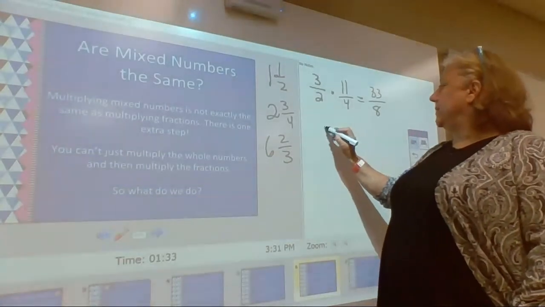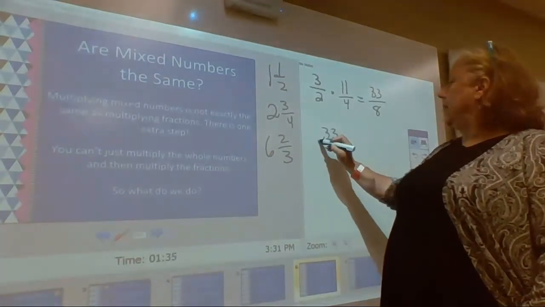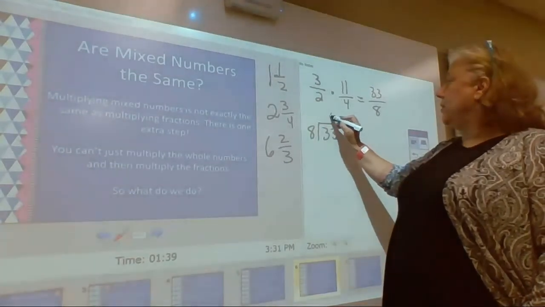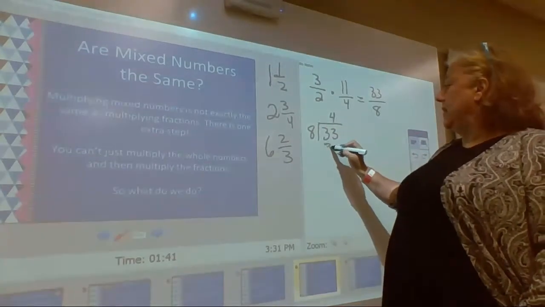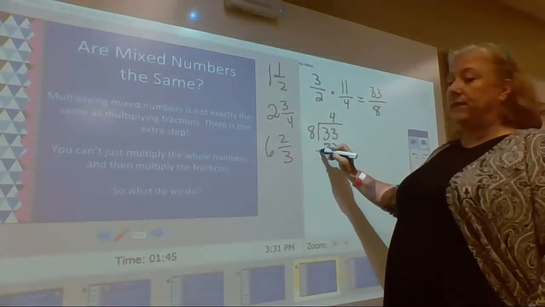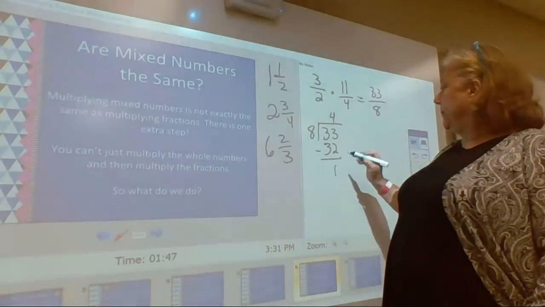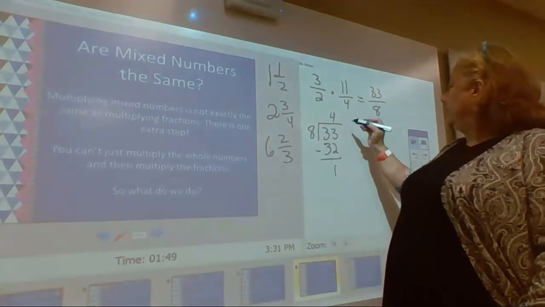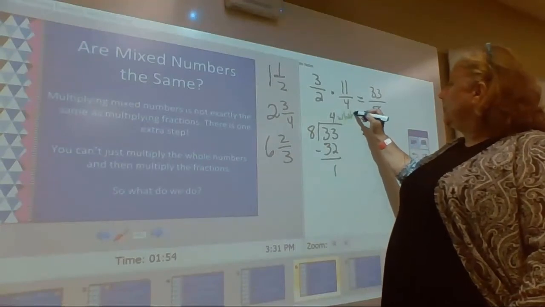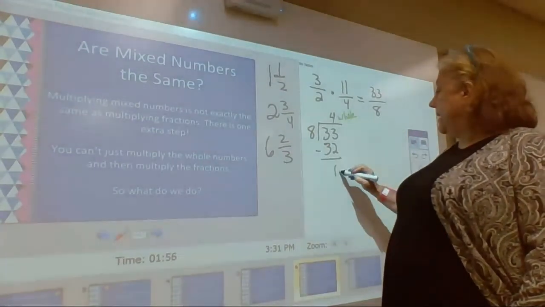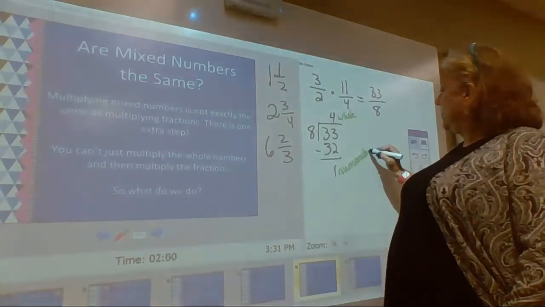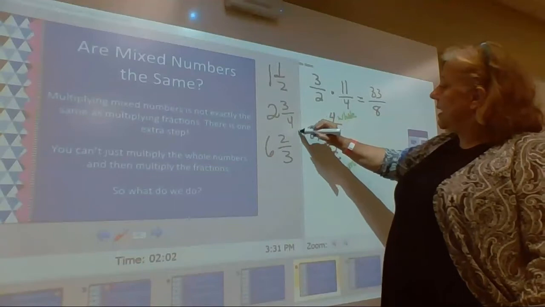Now, to change this back into a mixed fraction, I would take 33 and divide it by 8. There are 4 groups of 8 in 33. 4 times 8 is 32. If I subtract that, I get 1. So my quotient is my whole number, my remainder is my numerator, and my divisor is my denominator.